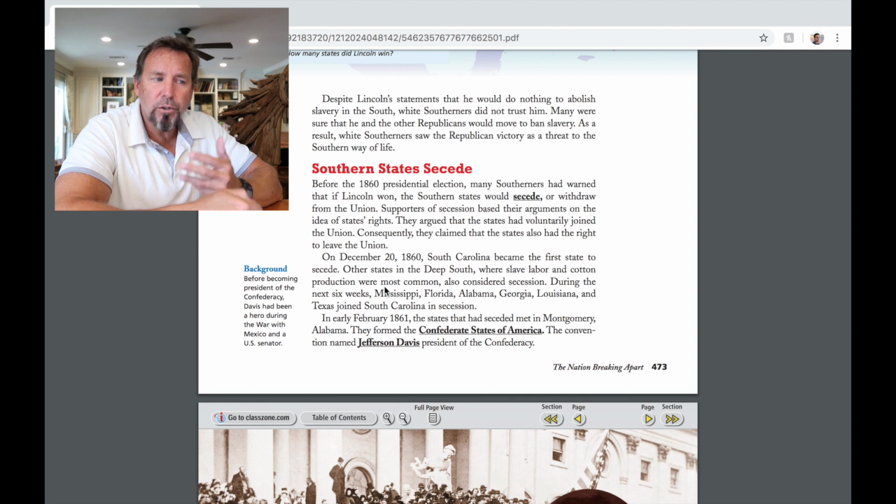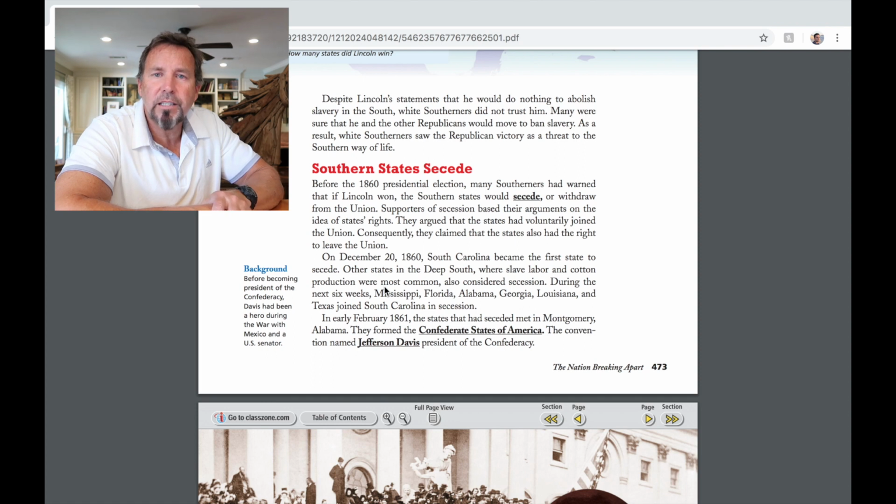So they were kind of following the history of the colonies. When the colonies declared independence from Great Britain and formed the United States of America, they basically followed that same format.